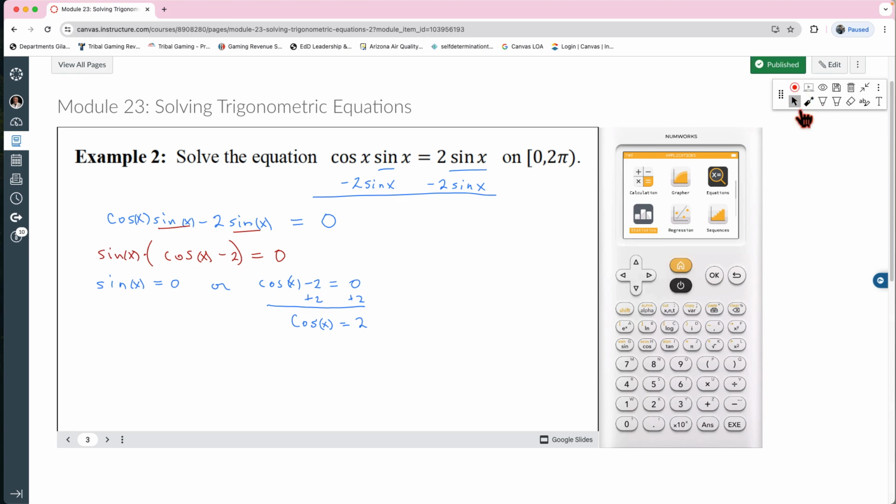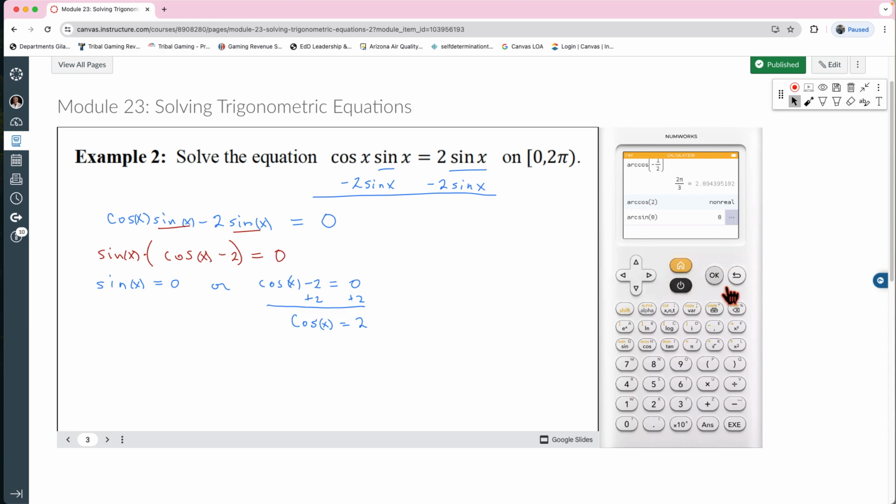Another way we can test this out is, remember, we would have to take the arc cosine of 2, and if we do that, arc cosine of 2, we see that that's a non-real answer, so that doesn't give us a solution. But over here we have sine x equals 0, so let's get the arc sine of 0. And we see we have one solution at 0, but remember, as is often the case, there may be more than one place where sine is equal to 0.